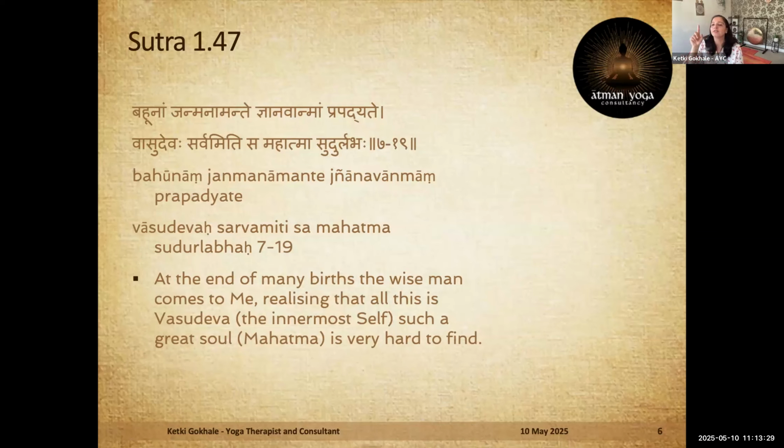One who has reached the Nirvichara Samadhi, whose chitta has complete clarity, realizing that all this is Vasudeva, the innermost self. Such a great soul, Mahatma, is very hard to find. It's very rare. In crores and crores of people, only one person can reach me. That's what Sri Krishna says in Bhagavad Gita.